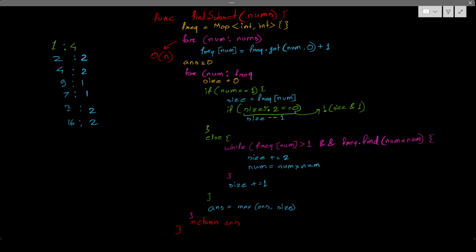Keys means it is storing only the unique elements, right? So the number of unique items present in the frequency, it will run that many times.